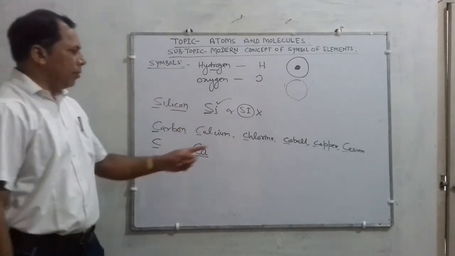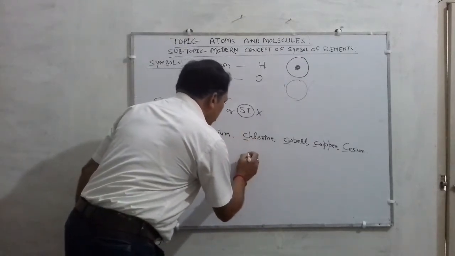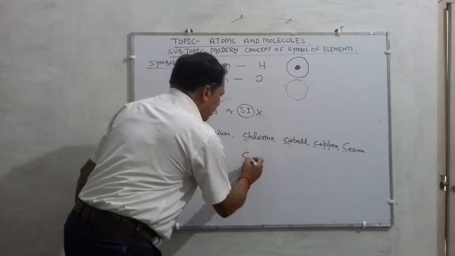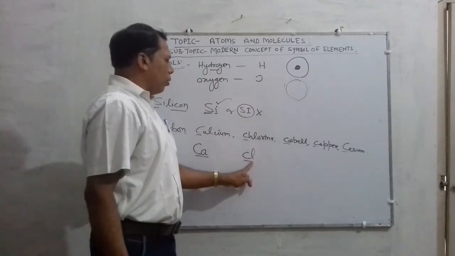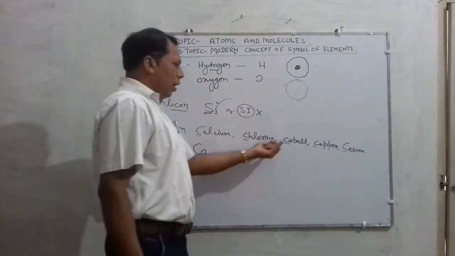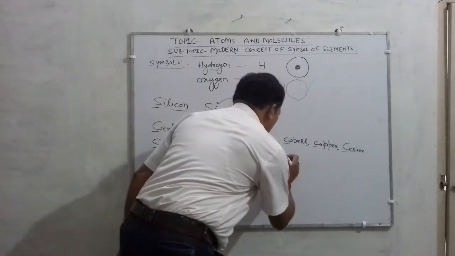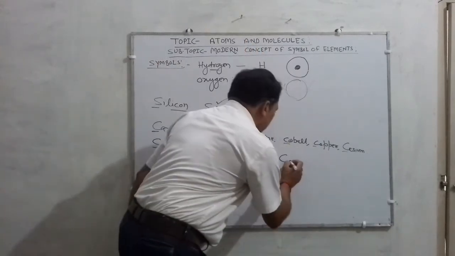Similarly in chlorine, once again the same thing: C will be capital and the second letter small, so Cl will be the symbol of chlorine. In cobalt, C will be capital and the second letter should be written in small.